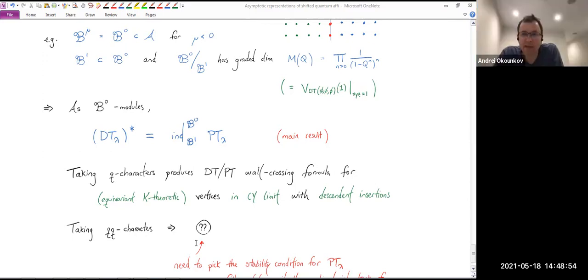Well, in the world of stability conditions, DT and PT are more or less extreme. Is there a way to investigate by moving the stability condition, not by a whole lot, but by a little bit?